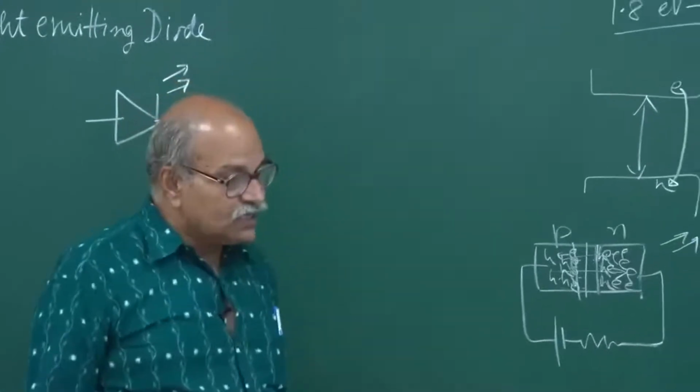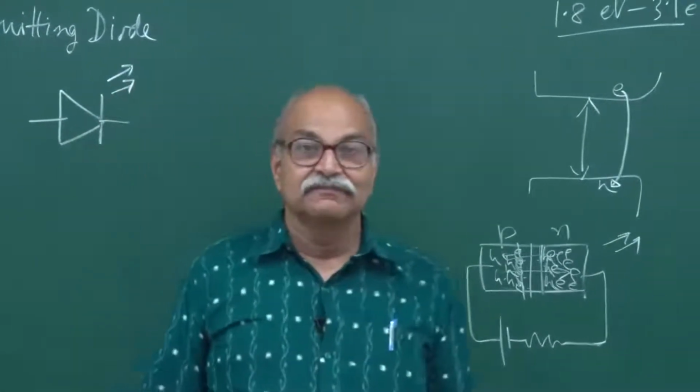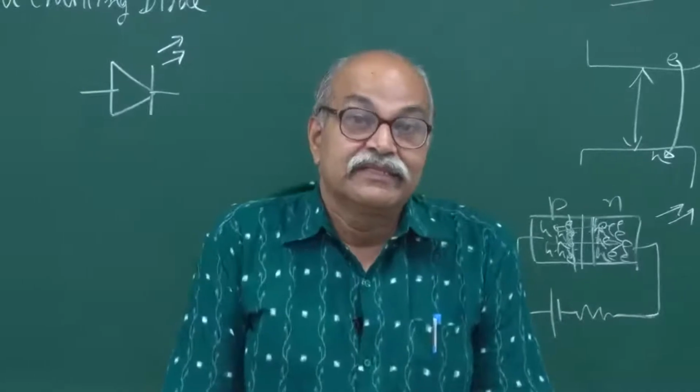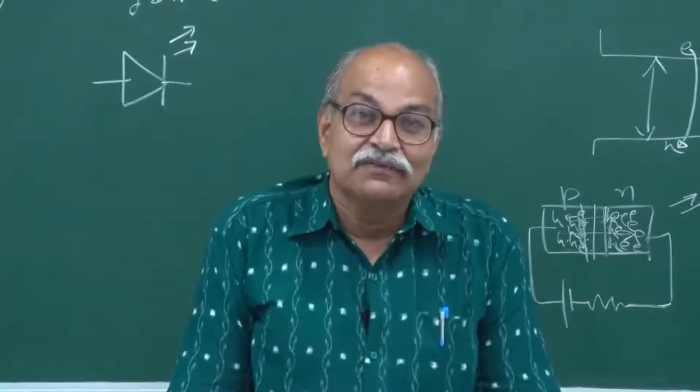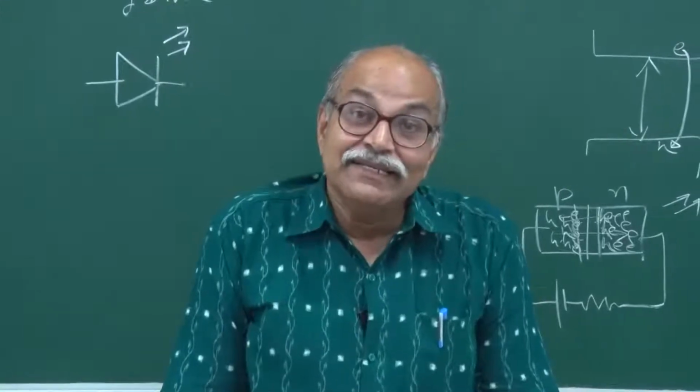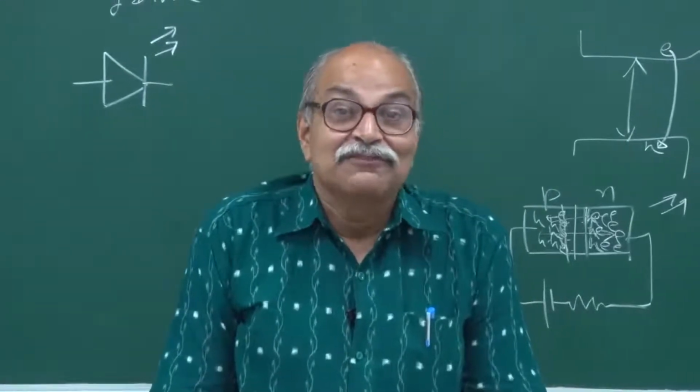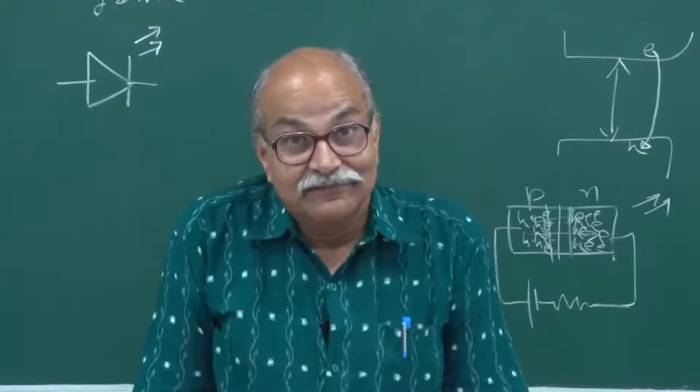Now, we had been talking in terms of silicon. So far most of the time I talked in terms of silicon, but LEDs are not formed from silicon p-n junction.